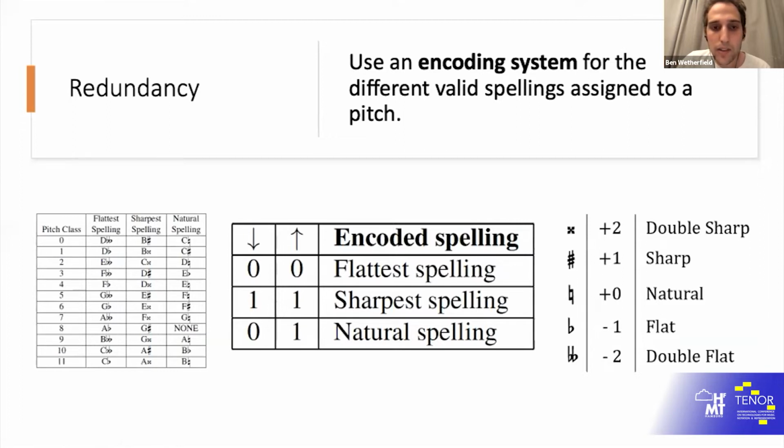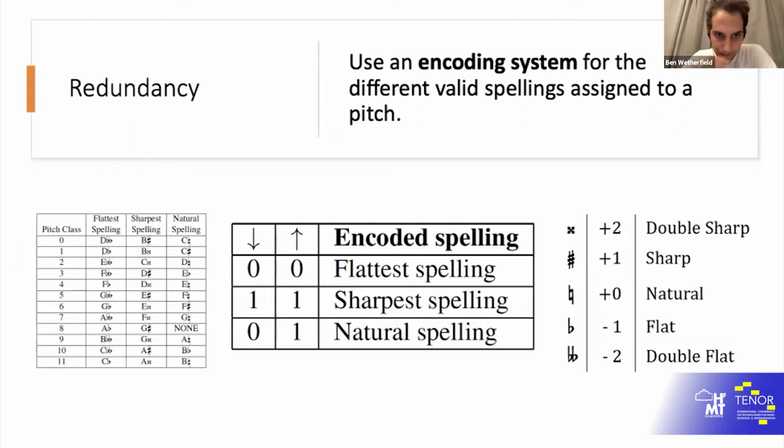If they're both in the 0 state, then that's your flattest spelling. So for pitch class 0, that will be D double flat. For pitch class 1, that will be D flat, and so on. That's on the left, it's a little small. The sharpest spelling, on the other hand, is two 1s, and then your natural spelling is 0 1.